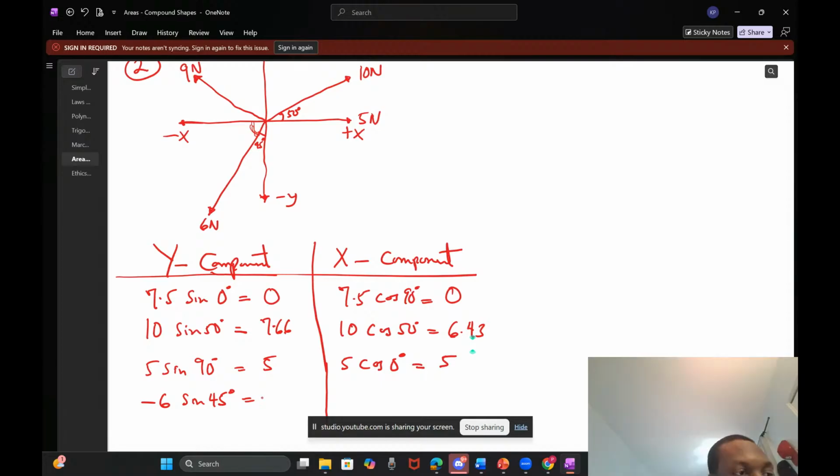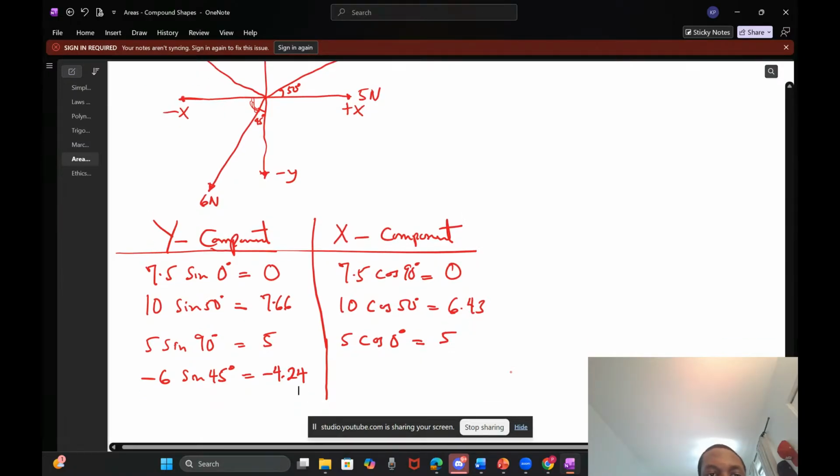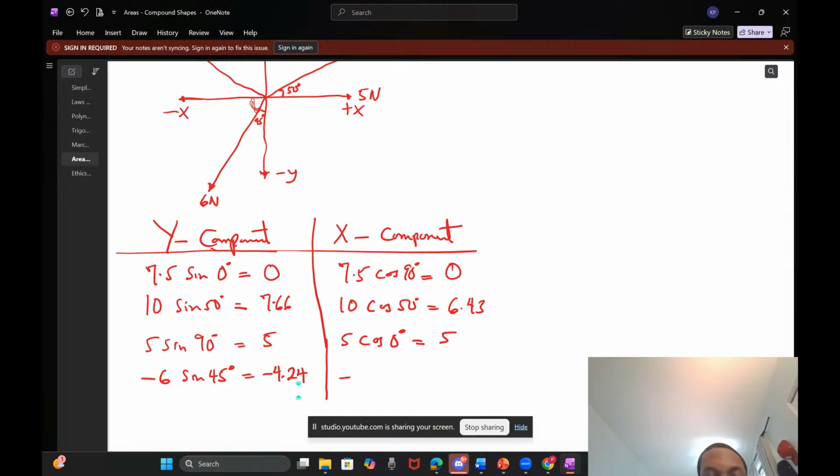Negative 6 sine 45 is minus 4.24. And then it's also facing the negative x-axis too, so that will be negative 6 cos 45.